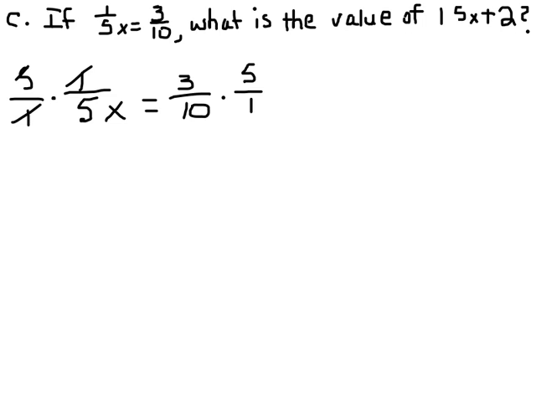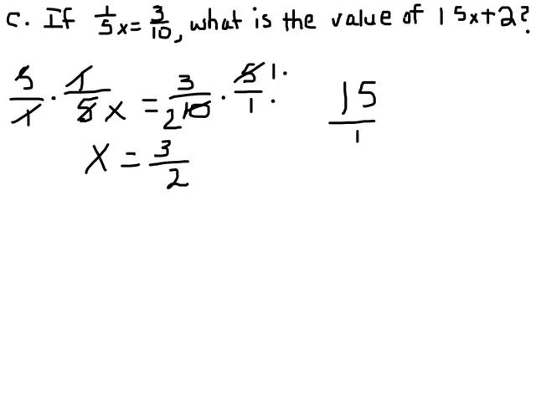And you can see when I do that, there's a lot of cross canceling going on. I can cross cancel here and here. This is 1 over 1, so I've got 3 over 2. X is equal to 3 over 2. So 15 over 1 times 3 over 2 plus 2.